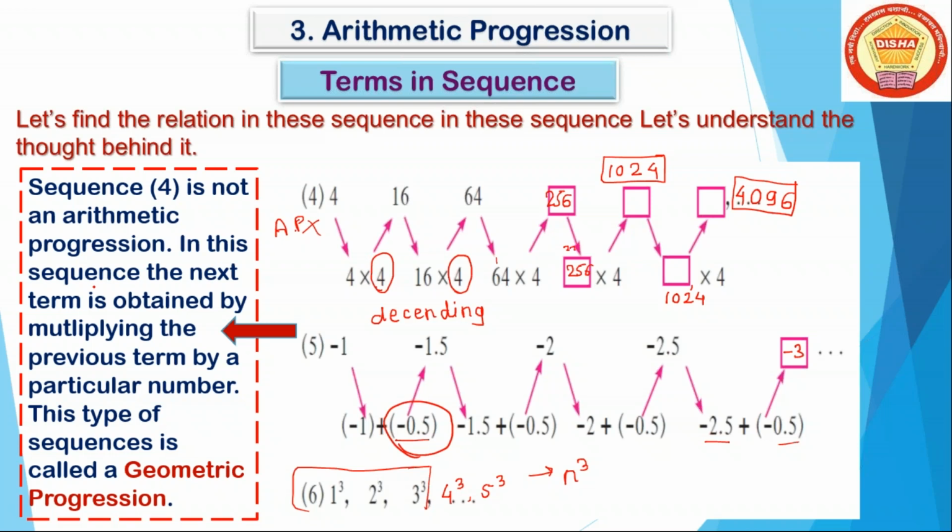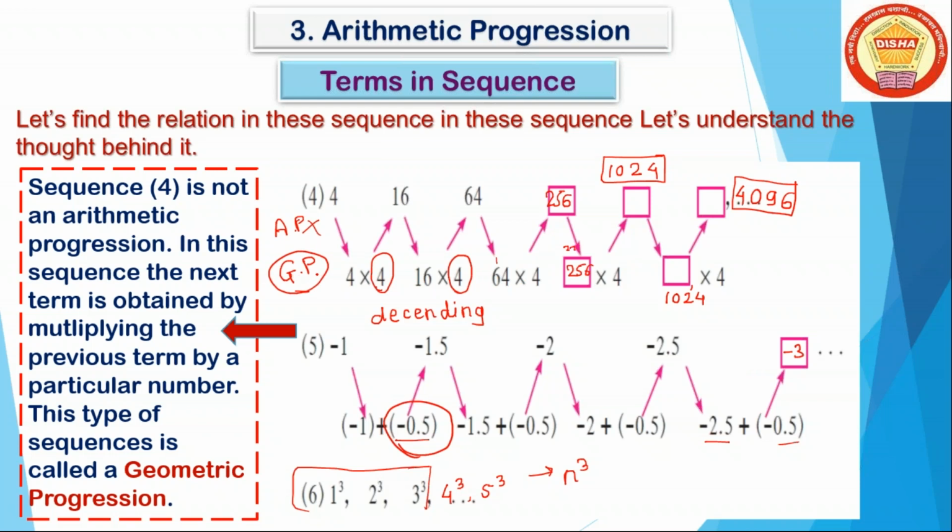Okay. In this sequence, the next term is obtained by multiplying the previous term by a particular number. Means in the fourth example, we obtain the next term by multiplying the previous term by 4. Okay. Then this type of sequence is called a geometric progression. Means if we multiply the previous term by a particular number, then the formed sequence is called a GP.